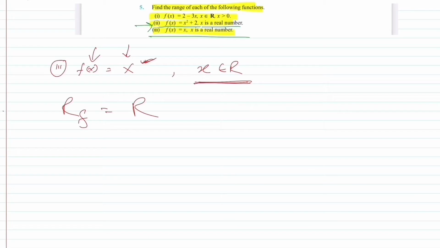Range of this function must be R, meaning the set of all real numbers, because here you see, if you consider y is equal to f of x, then you will get y is equal to x.